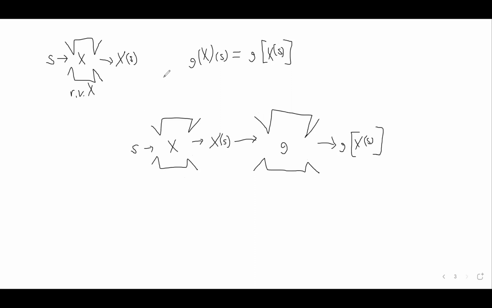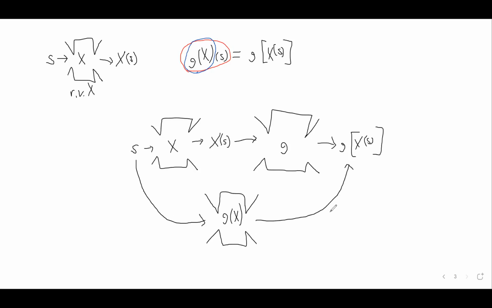Okay? And so our random variable, g of x of s, we have g of x of s, right? But the random variable is the g of x part. G of x is a random variable. So as a random variable, it is a function. G of capital X is a function where if you input s into it, the output is g bracket x of s.